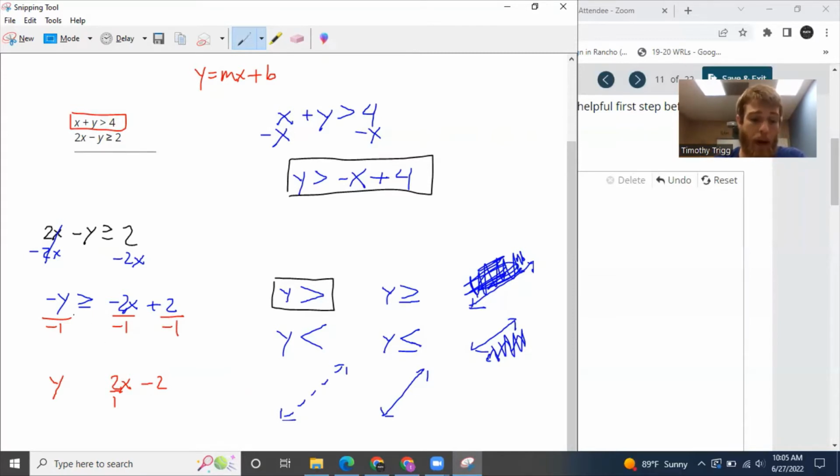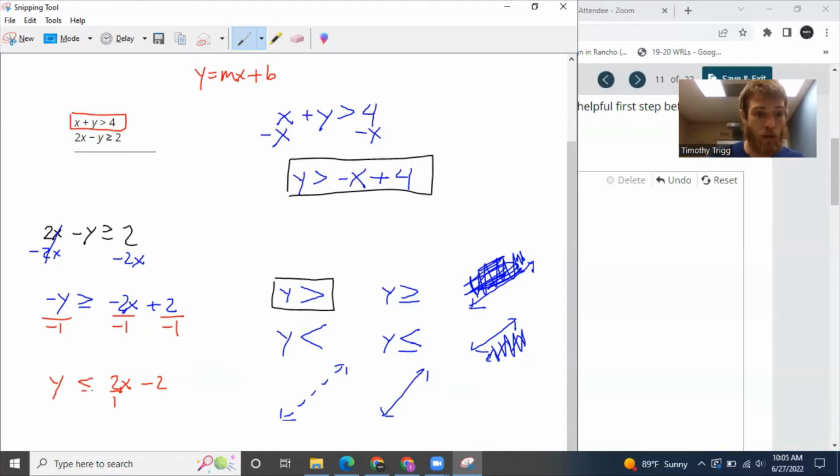Now, one thing to keep in mind is that I divided everything by a negative. Whenever you multiply or divide both sides of the inequality by a negative, that flips your inequality. See how it was a greater than or equal to? Since we divided everything by -1, that turns into a less than or equal to.